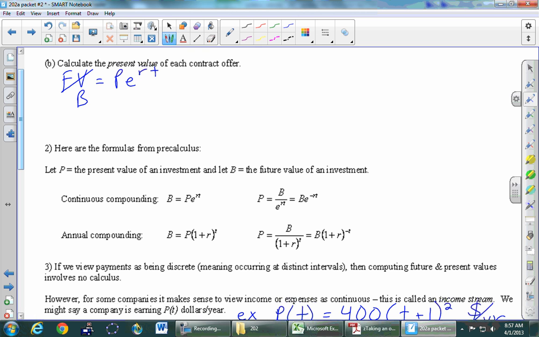But if B is the future value, can you look up there and decide what letter we are using for how much you invest today? It's P. And so we're going to call P the present value, how much you put in today, and then it grows to some future value. So if we're looking for the present value of something, it's just a matter of solving this equation for P. So let's divide both sides by e to the RT.